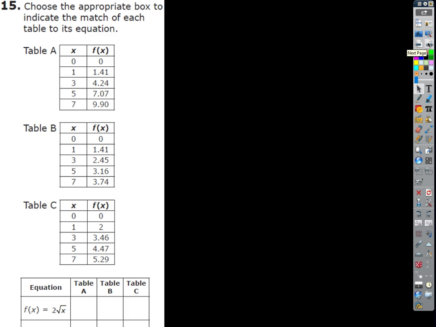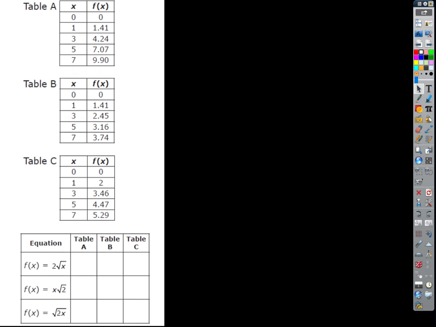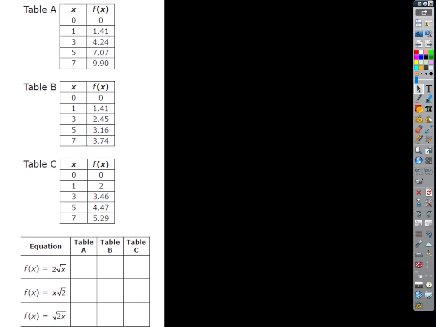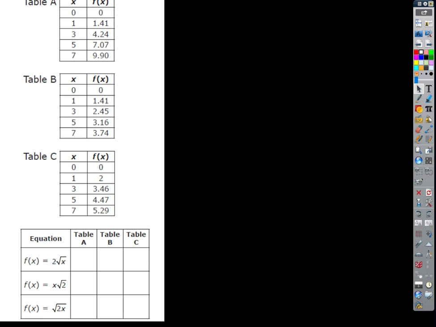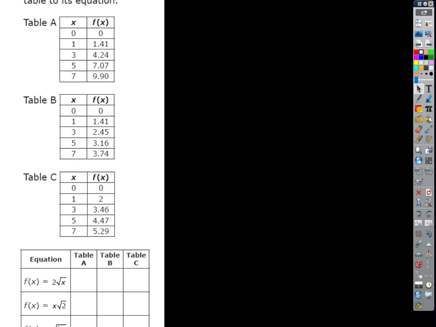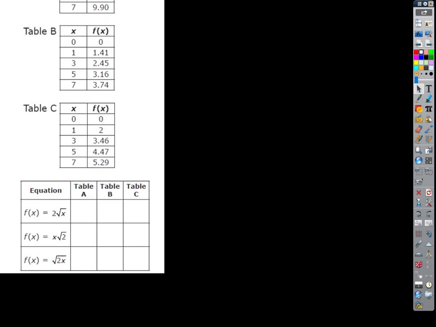Okay, what about these? It says choose the appropriate box to indicate which equation goes with which table. Each of these tables has the same x values. These are the functions we're plugging values into to get y.